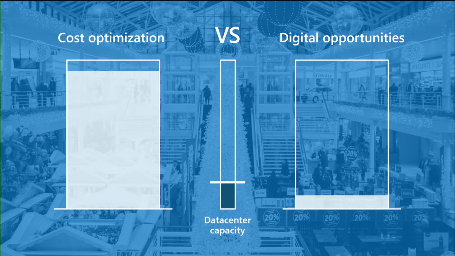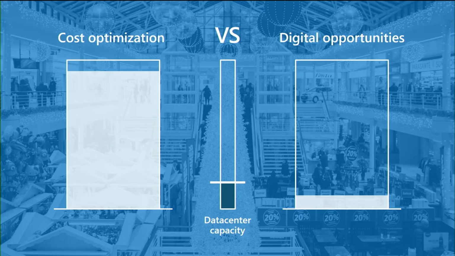Year after year after year is reducing costs, reducing any kind of inefficiencies in your P&L, in your technologies. So you've optimized for cost. Now, that also means that your data center capacity is probably at an effective but minimal capacity.